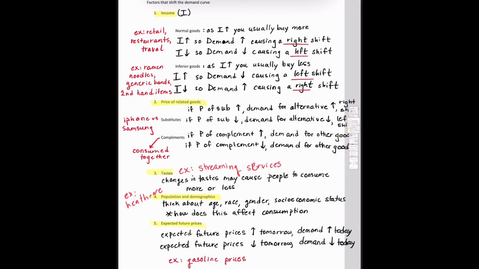Depending on the demographic and population, demand is going to change.